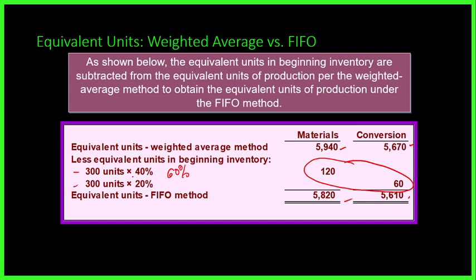For example, if at the beginning it is 40% completed and at the end it is 50% completed, your EUP for this item is only 10%. So you remove this because it pertains to last period.